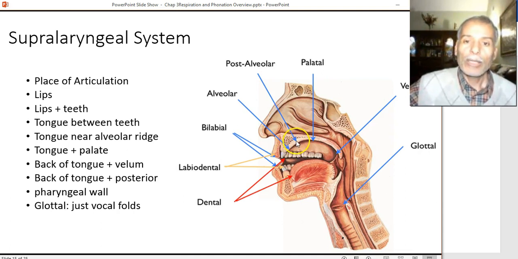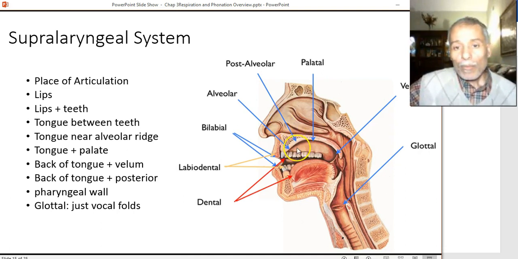The sounds produced at that area of the palate are called either post-alveolar consonants or simply palatal. So we tend to just call them palatal. For example, sh and zh are palatal, and we have the ch and j.